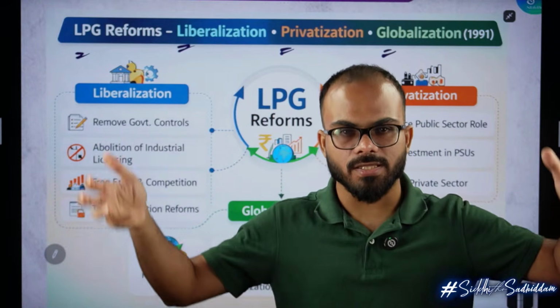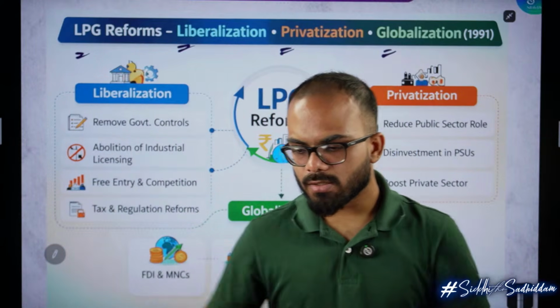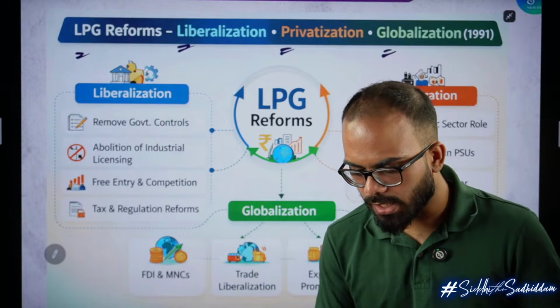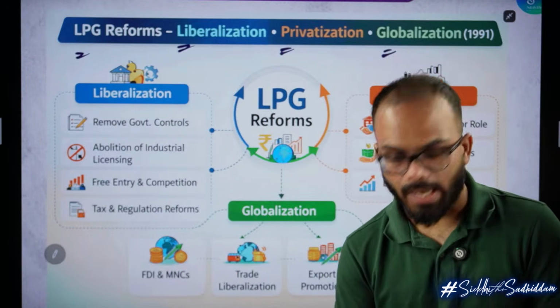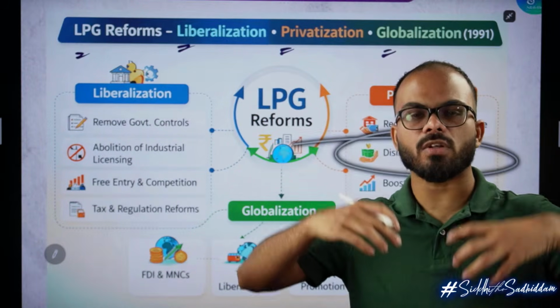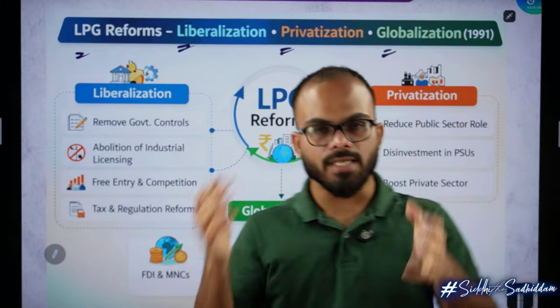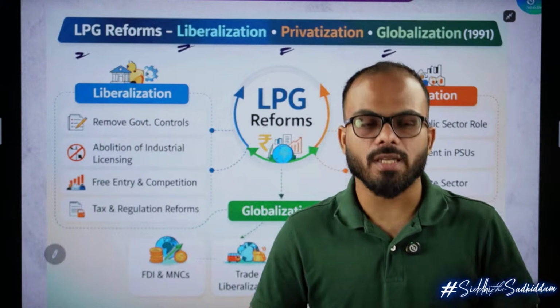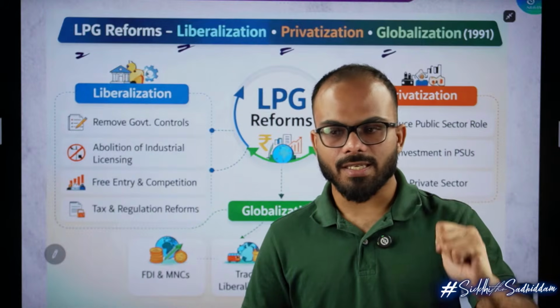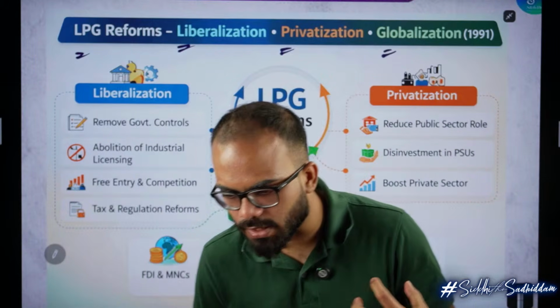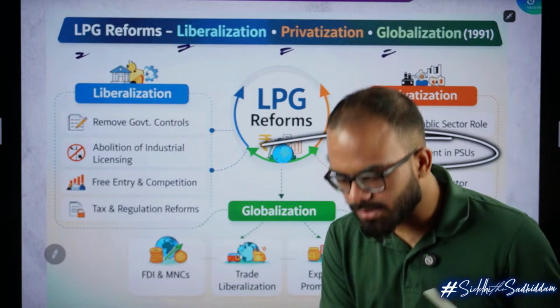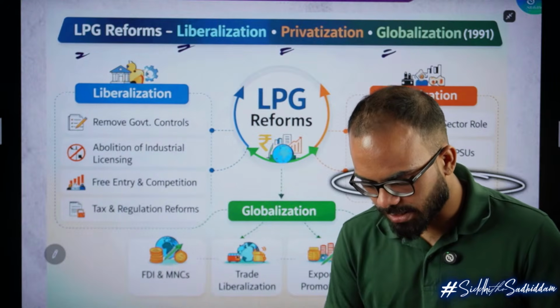You open up the space. Let other people come in. So that is called privatization, where you are reducing the public sector role, and you also start disinvesting in some PSUs. There are certain PSUs in which you don't really need to invest. The private sector is better at managing these kinds of things, right? So that is called disinvestment, and you boost the private sector.